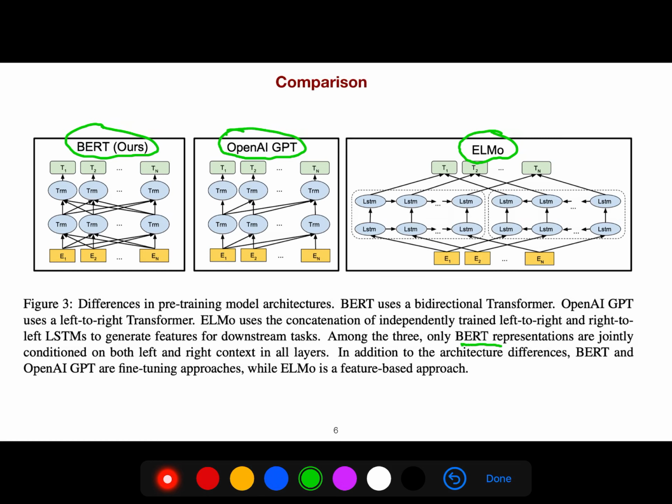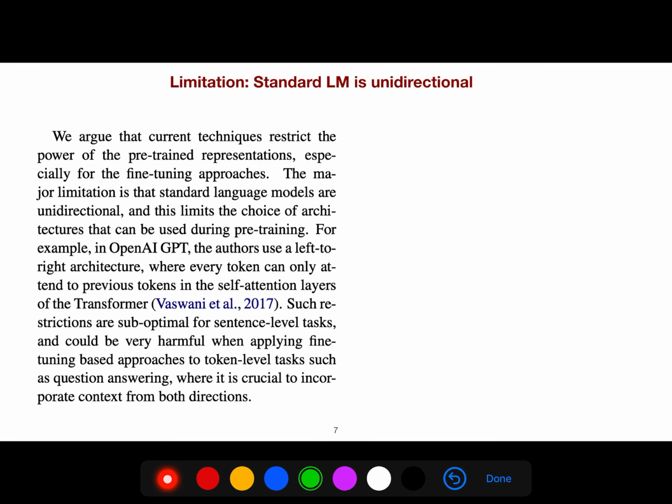So BERT representations are conditioned on both left and right contexts. This is very interesting. We argue there is a limitation: the standard language model is unidirectional. We argue that the current techniques restrict the power of pre-trained representations, especially for the fine-tuning approaches. The major limitation is that standard language models are unidirectional, and this limits the choice of architectures that can be used.